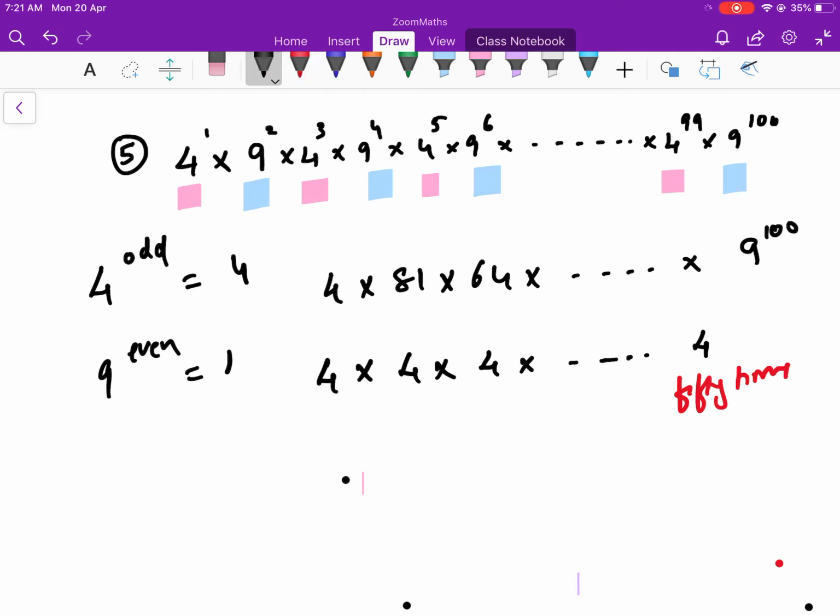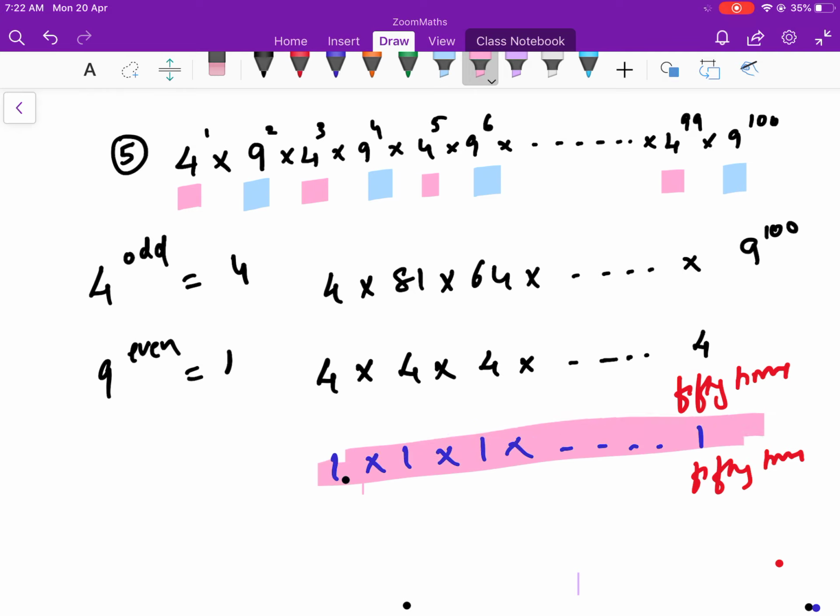Similarly, for 9, it will be like 1 into 1 into 1 into 1, 50 times, because 9 raised to 100, right? So this is also going to be 50 times. So this doesn't matter for us. 1 into 1, 50 times, the answer is still going to be 1.